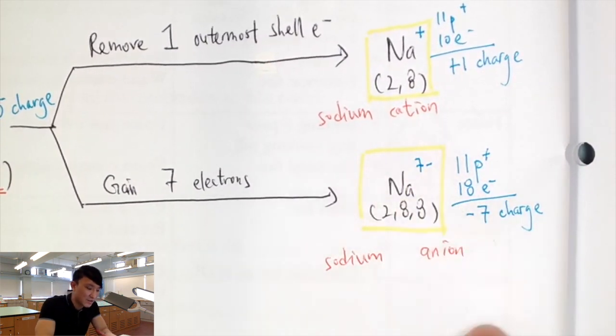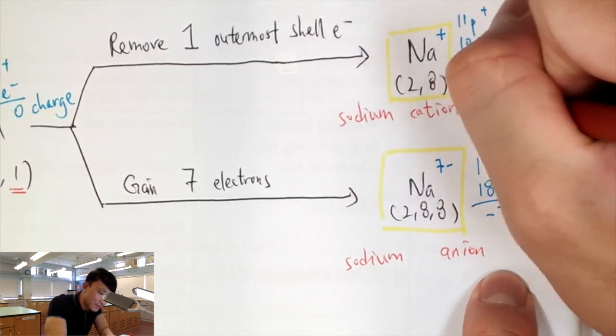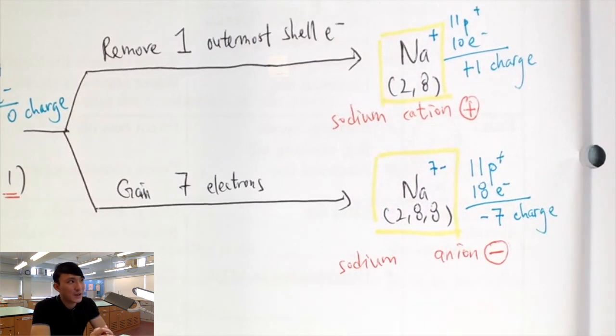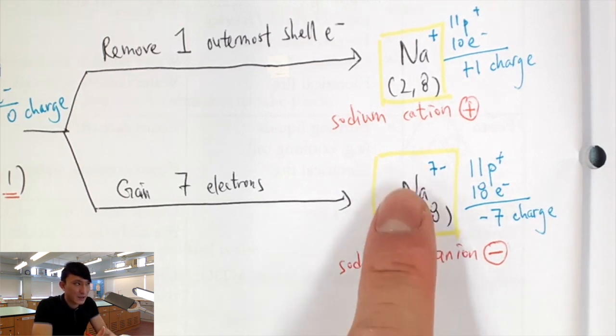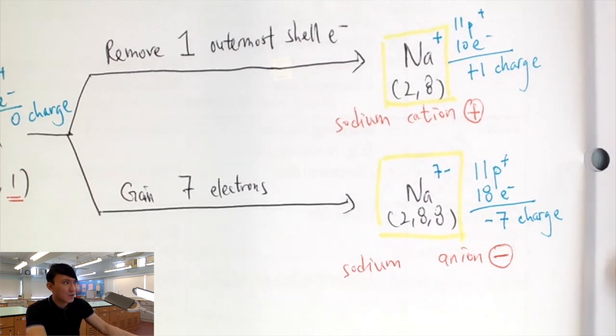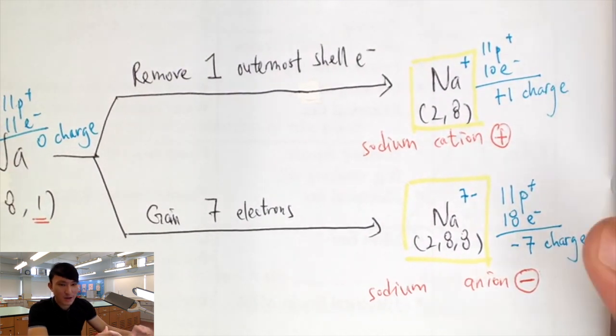So a cation is positive and anion is negative. Whenever you have a positive ion, we call them cation, or you can say positive ion. If it is an ion having negative charge, we call them anion. Okay? Now, this is how a sodium atom can form an ion.